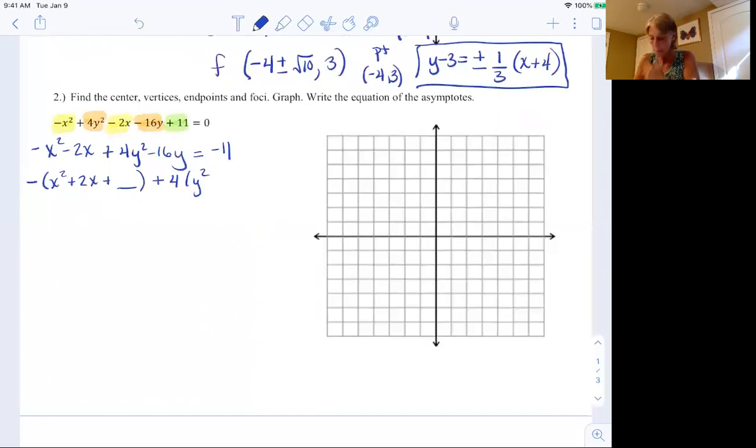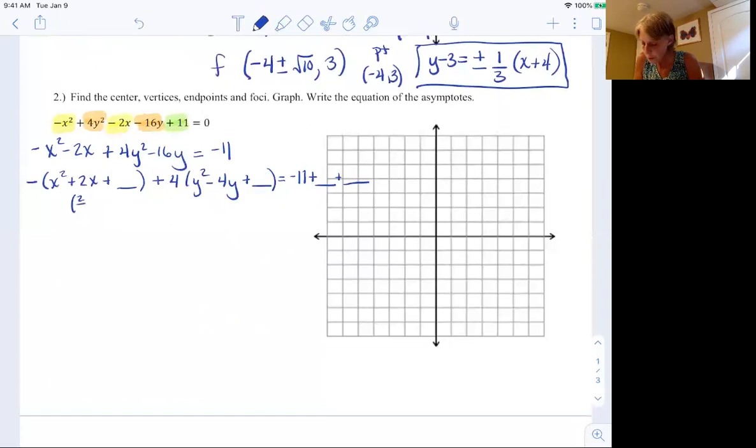Y squared minus 4y plus something equals negative 11 plus something plus something. I may run into my picture. I hope I don't. Now we're going to work on the complete the square part of the problem.